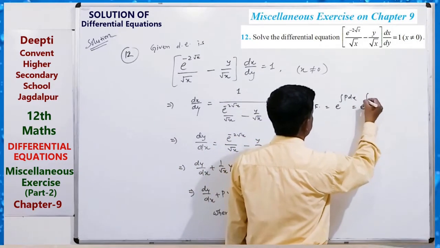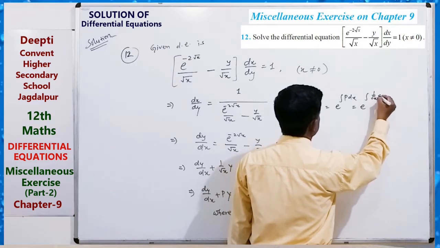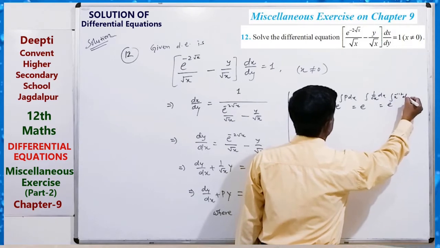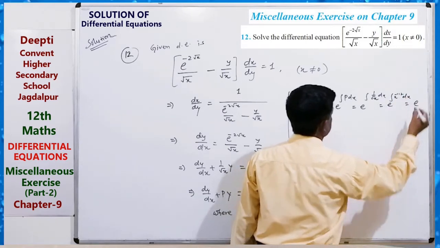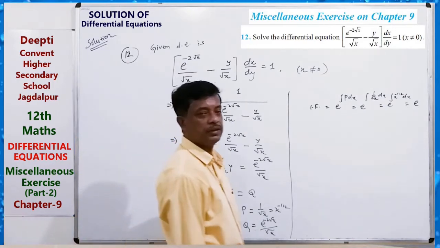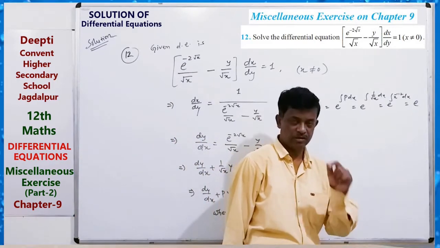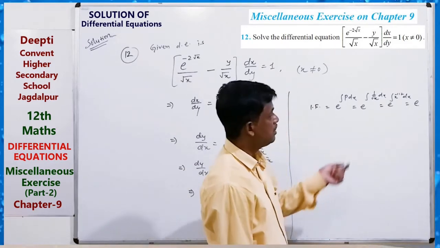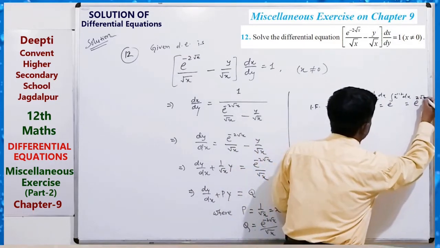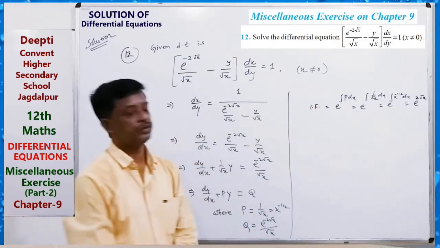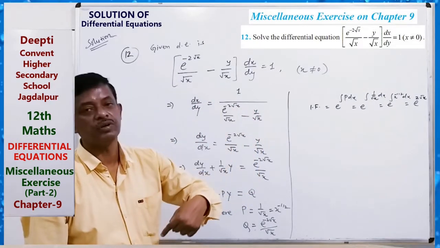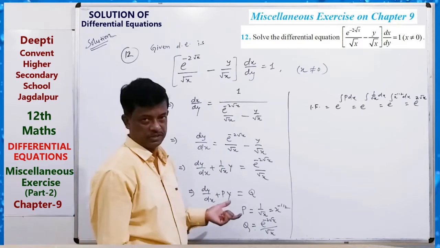E to the power integration of 1 by root x dx is e to the power integration of x to the power minus half dx, that is e to the power x to the power half upon half, which is 2 root x. The IF is e to the power 2 root x.